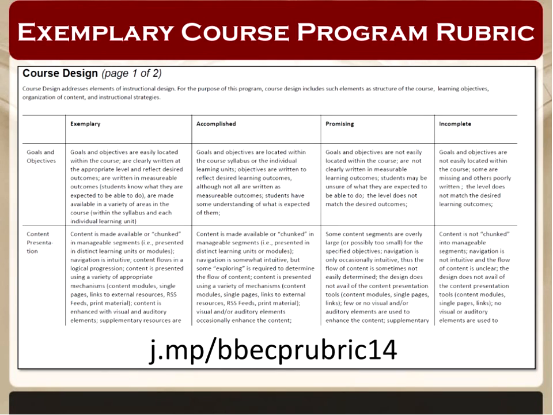And the Exemplary Course rubric within the Exemplary Course Program is used by volunteer course reviewers to rate nominated courses. It's a very comprehensive set of standards, and it offers not only the criteria but valuable tips for how you can improve an online course's design.